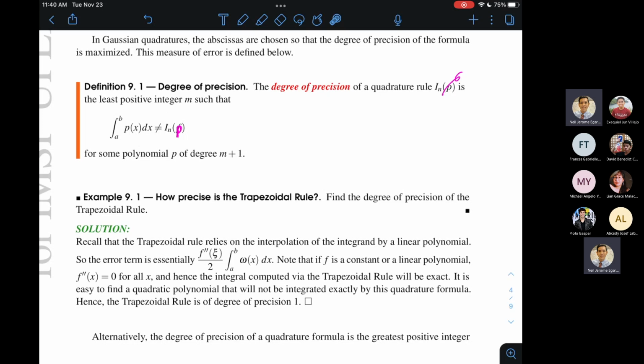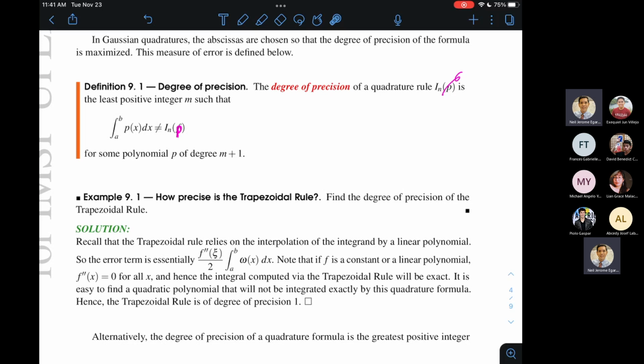Remember, the quadrature rules are what we use to approximate the integral. The degree of precision of an integration quadrature rule is the largest integer such that, number 1, it can integrate exactly all polynomials with degree less than or equal to m, but it fails on some polynomial of degree m plus 1.